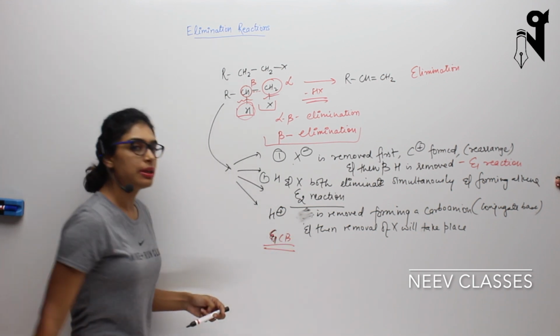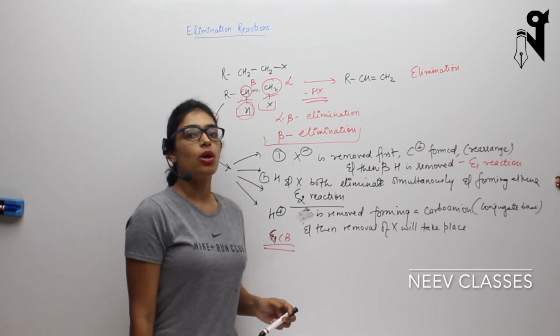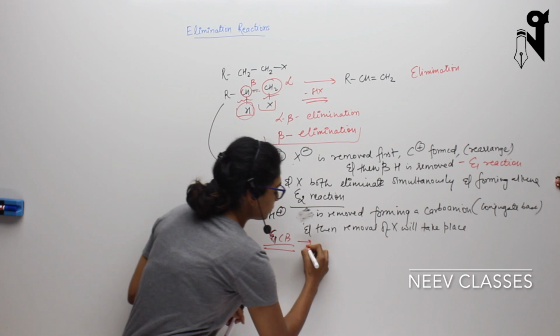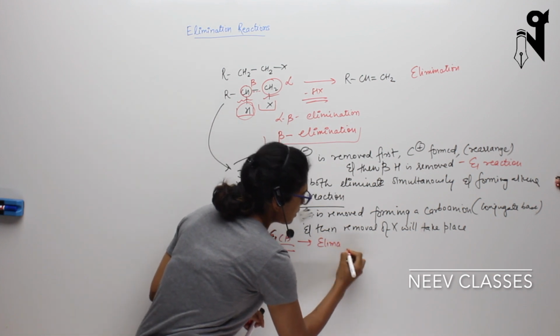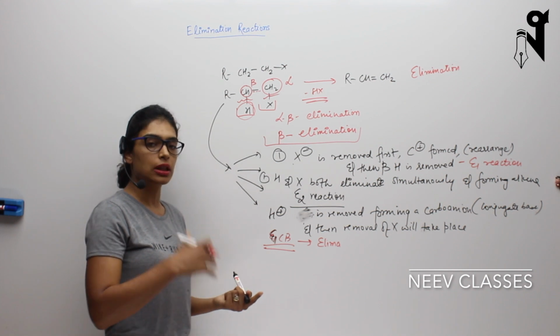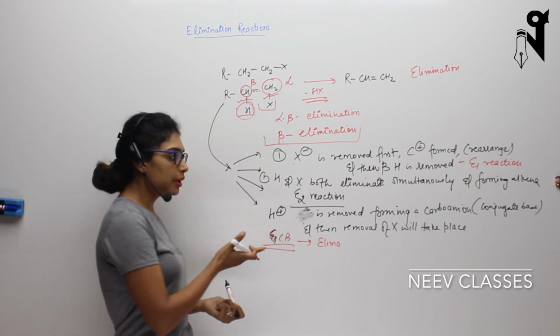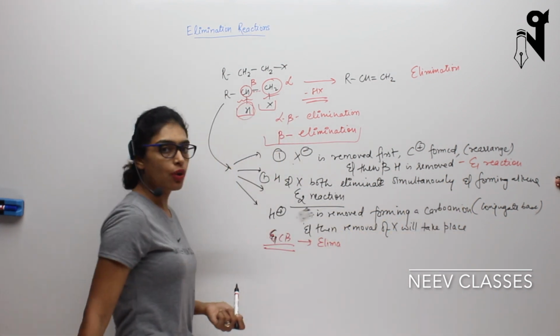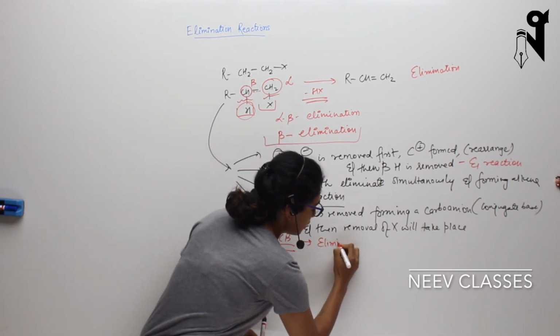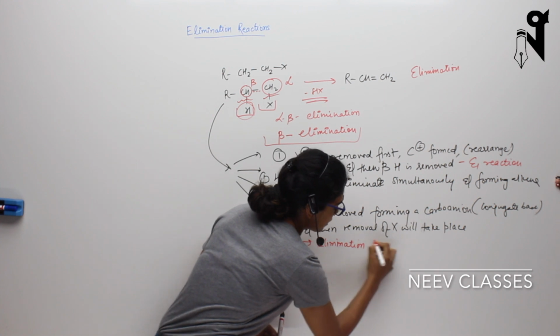What does E1CB mean? E1CB means elimination unimolecular conjugate base. The process is similar to E1, where removal of one species happens in the first step and the other species in the second step, but it goes through conjugate base formation. That is why it is called elimination conjugate base.